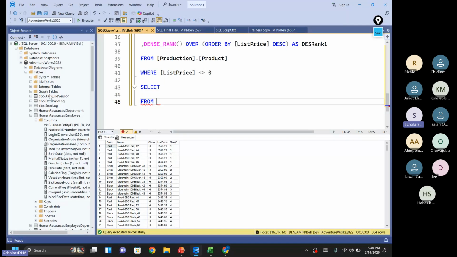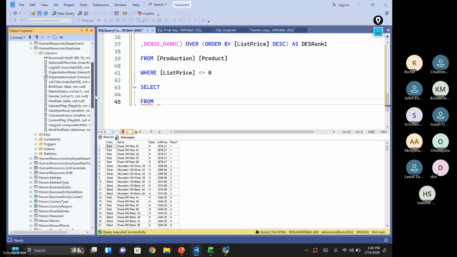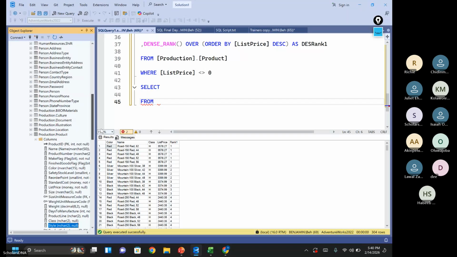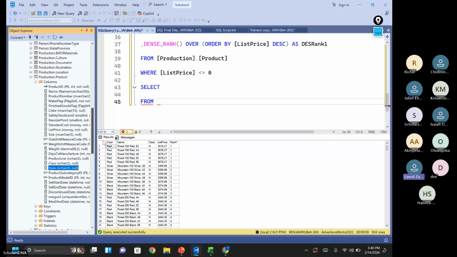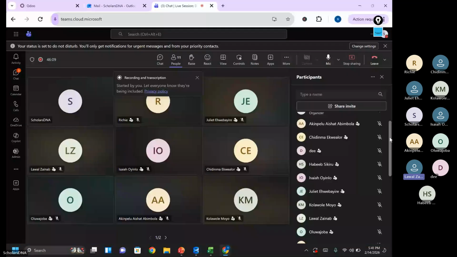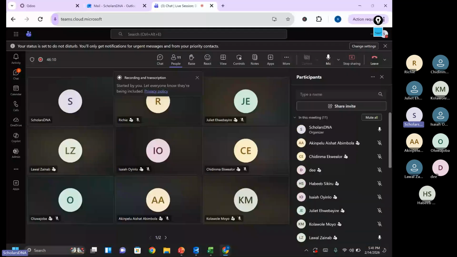You can drop a text on the chat. Have you posted the assignment tasks? Have you sent the tasks to the group, because you said you wanted to give us a short task? Yes, I want to give a short task, but somebody wants to ask a question. Or the person is finding it difficult to speak.